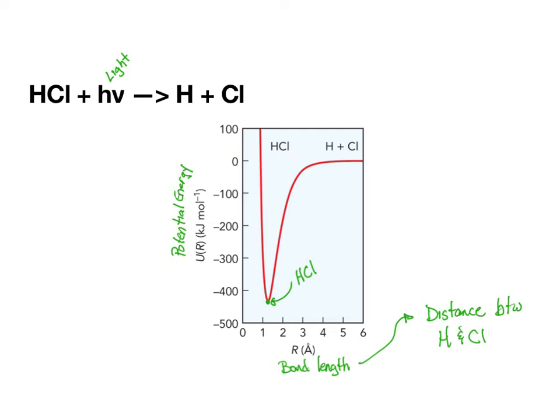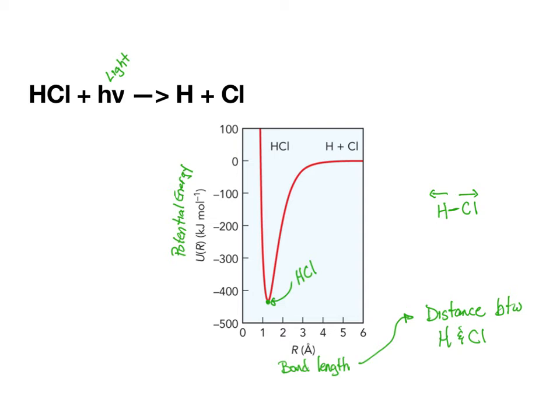Now, as we start stretching that bond, and so we start moving the hydrogen and the chlorine further apart, the energy is going to rise because the reason that this bond is at the minimum energy is because we are exactly balancing the attractive and repulsive forces between the nuclei and the electrons. Those are the attractive forces. And the repulsive forces between the two nuclei and between electrons.